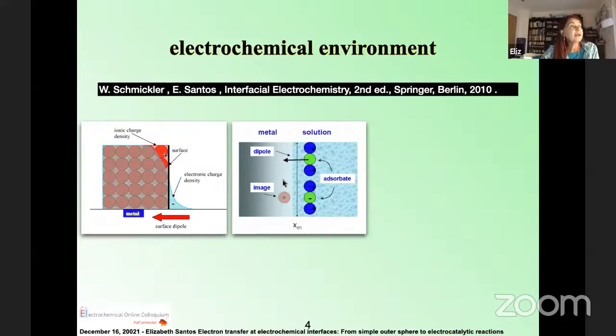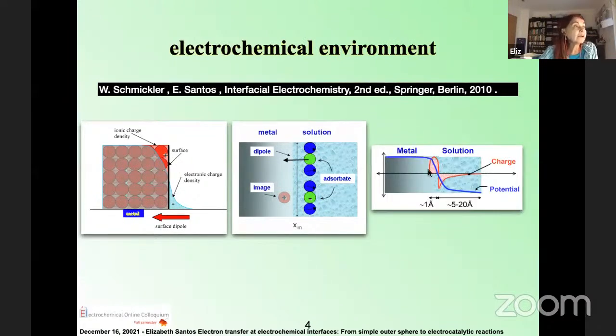But we have to keep in mind that this is a picture. The reality is not like this. The charge is actually distributed at the interface between the electrode and the solution.